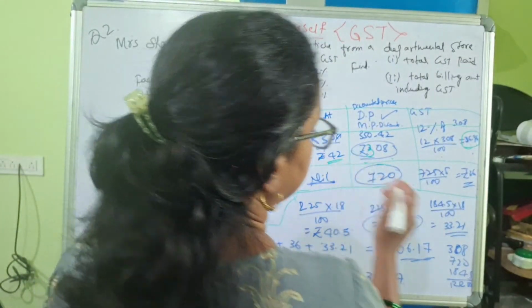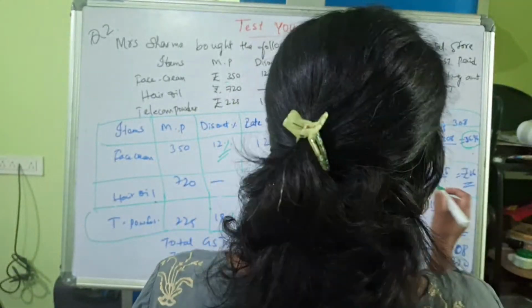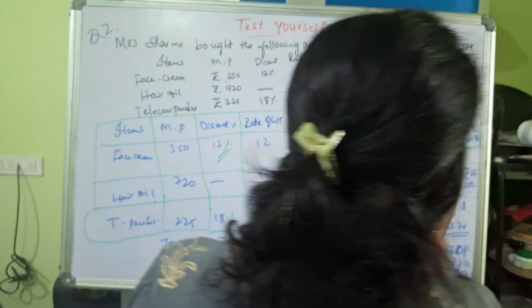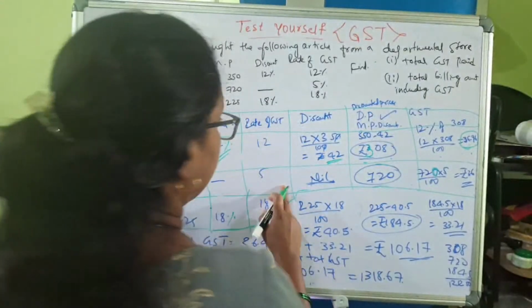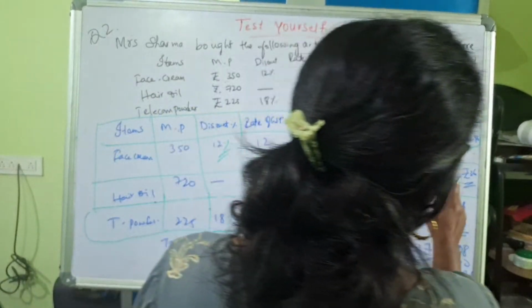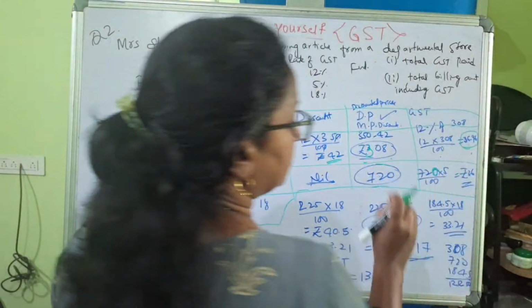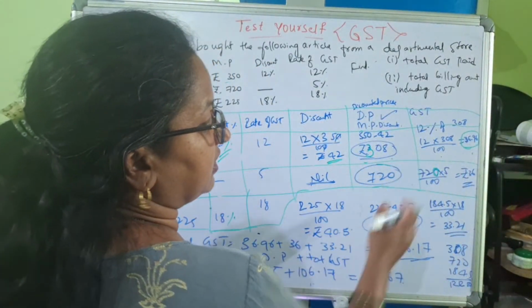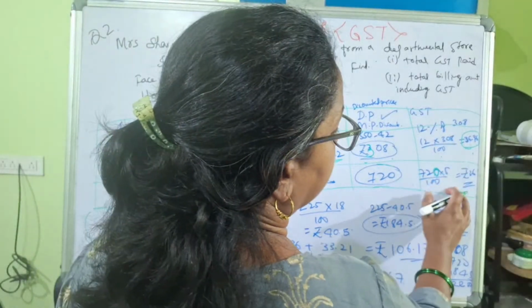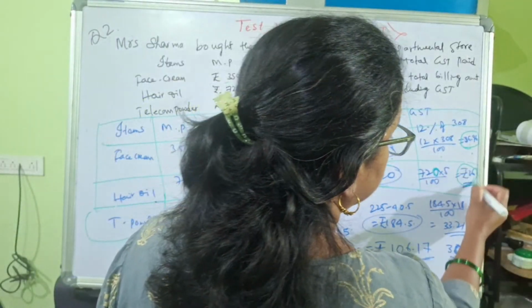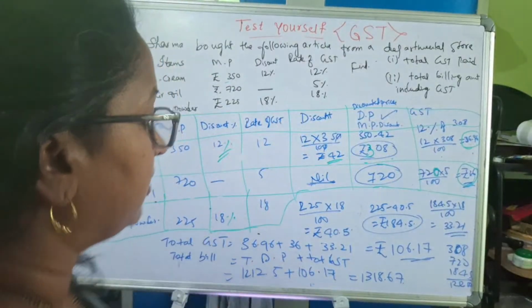That is rupees 720. So GST they have given as 5%. That means 5% of rupees 720, which is 720 into 5 divided by 100, which is equal to rupees 36 is the GST amount.